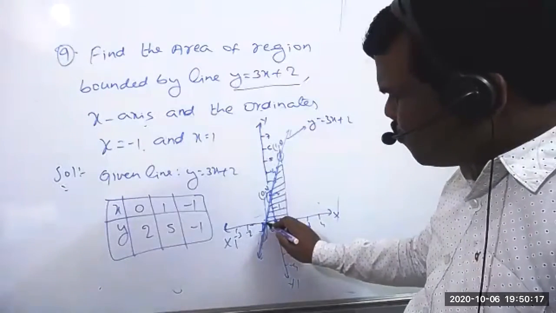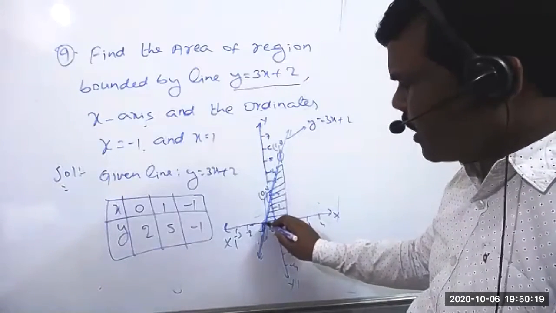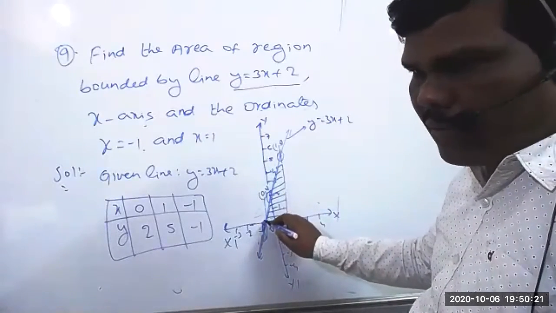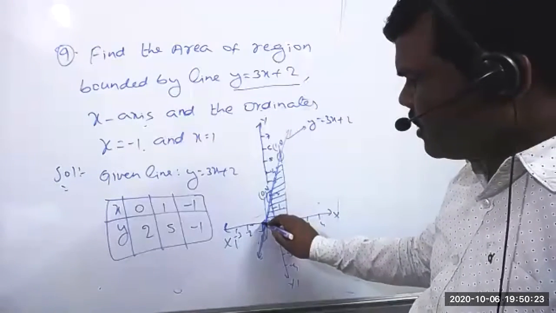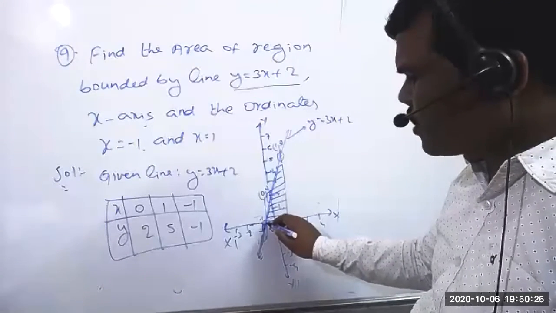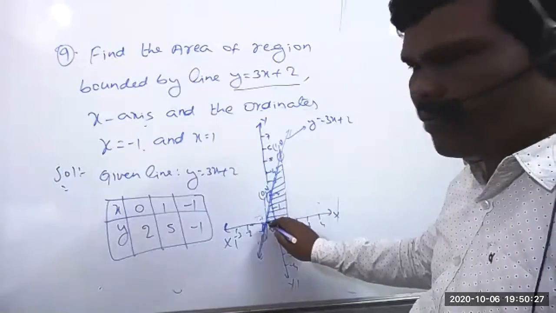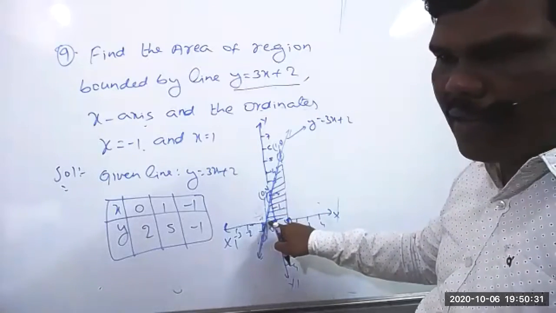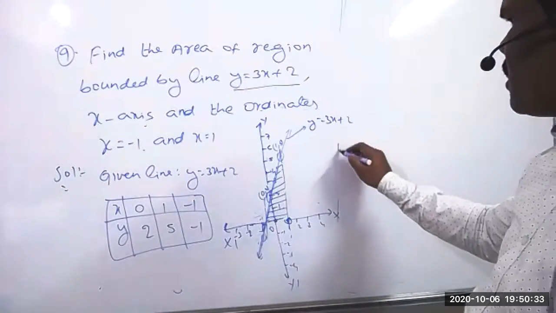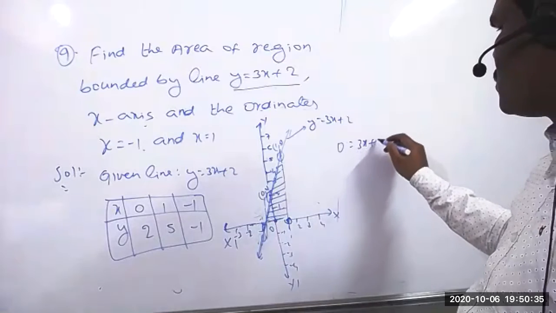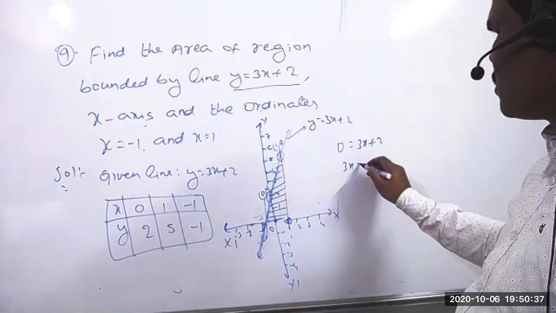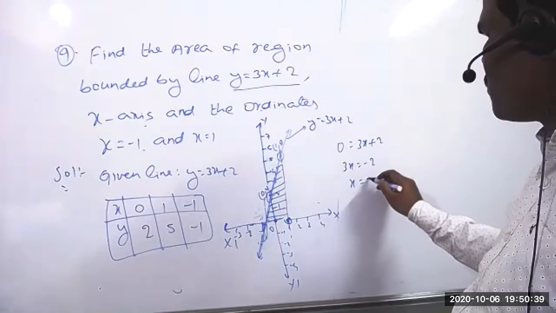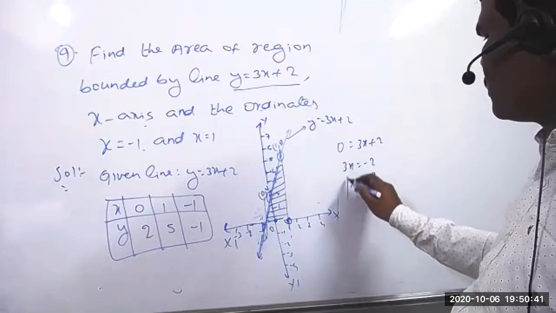For finding the small area, from here to here we have to take limits. This is -1, and this point also is required. But for a point on the x-axis, y must always equal 0. So substitute y equal to 0 there: 0 equal to 3x plus 2, so 3x equal to -2, so the value of x equal to -2 by 3.